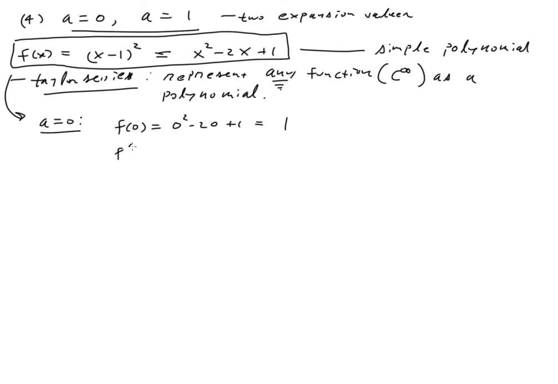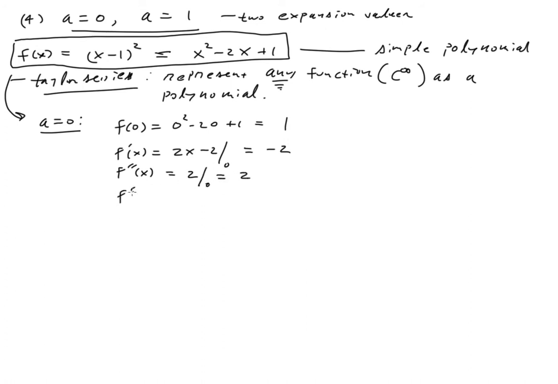Now, of course, f prime of x is going to equal 2x minus 2, and then we're going to evaluate that at 0, and we're going to get minus 2. And then finally, f double prime of x is going to equal 2. We're going to evaluate that at 0, and we're going to get 2.